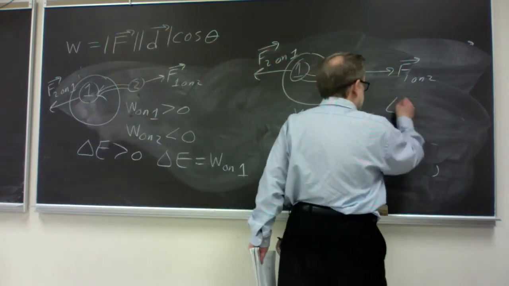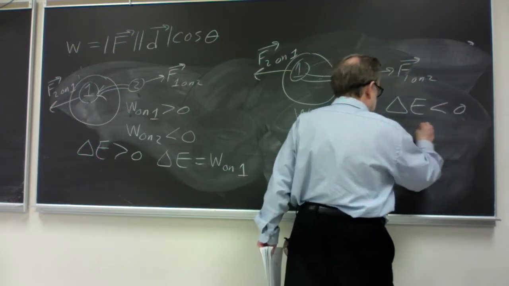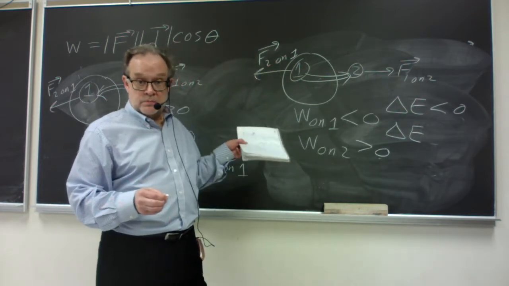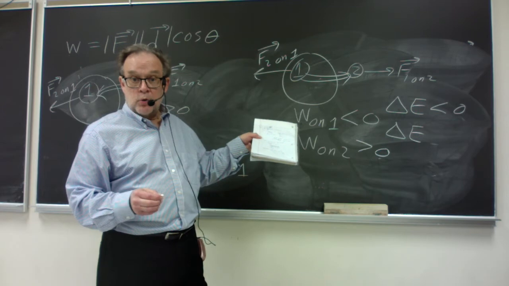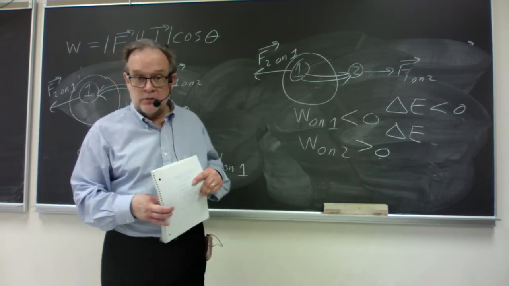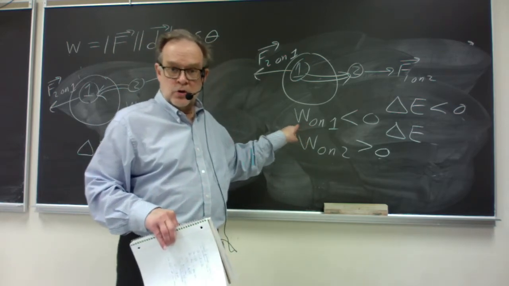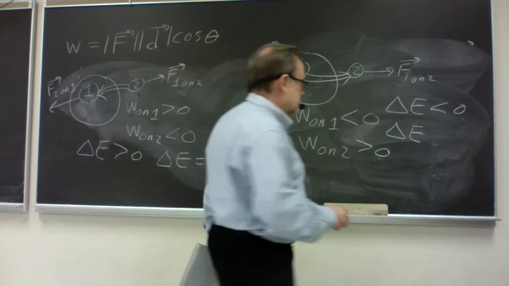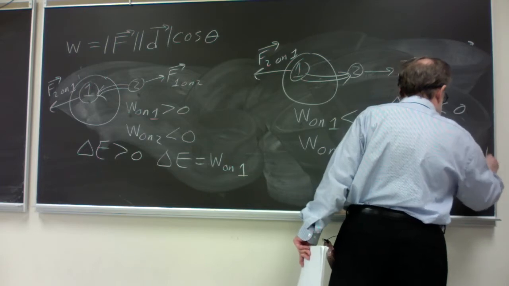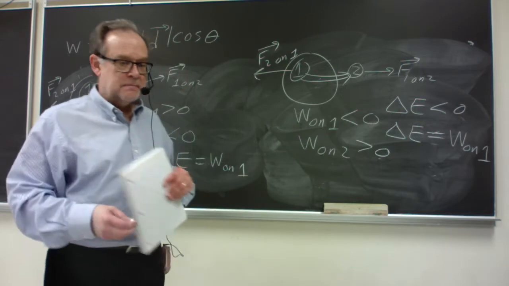So in this case, the change in the system's energy is a negative change, and the amount by which the energy changed is just the amount by which thing 1's energy decreased. The amount of energy taken away from thing 1, which is numerically equal to the work done on thing 1, the negative work done on thing 1, which is a negative number in this case.